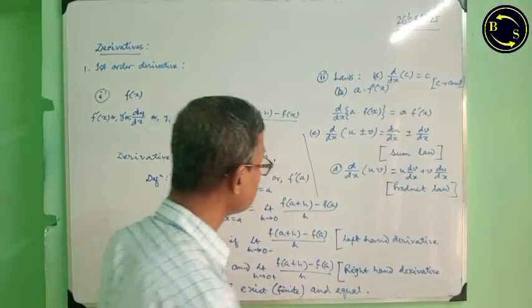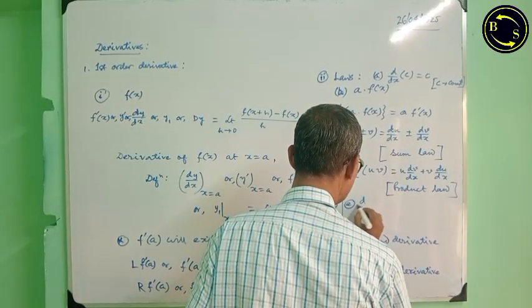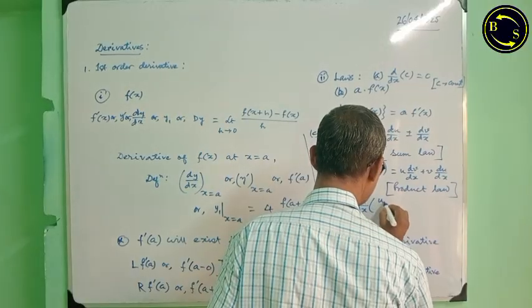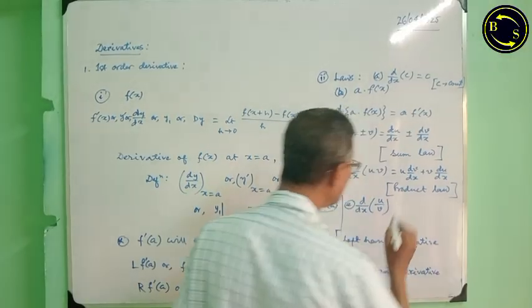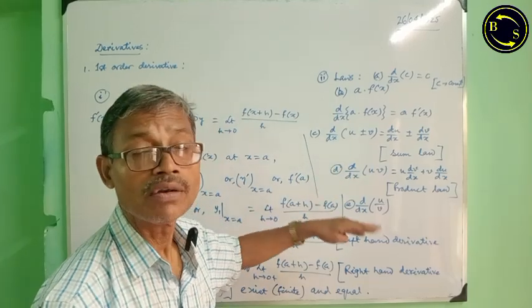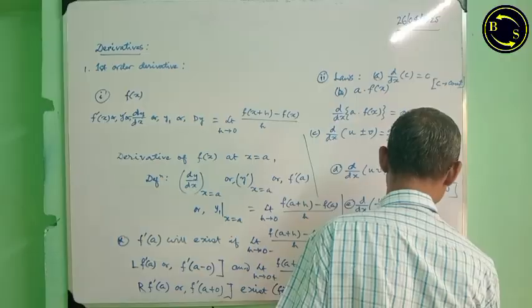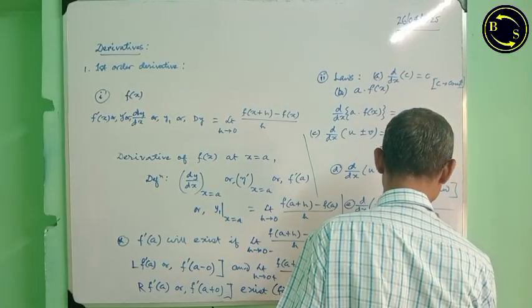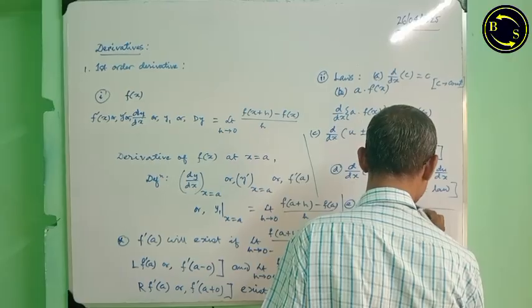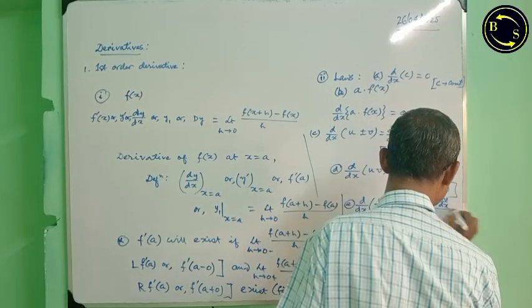Then the last one is d/dx of u by v. Remember, u, v all are functions of x, that is equal to (v du/dx minus u dv/dx) divided by v square.